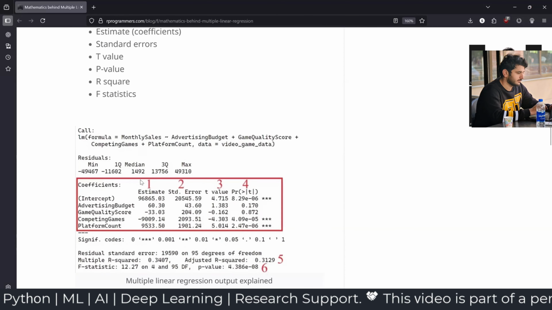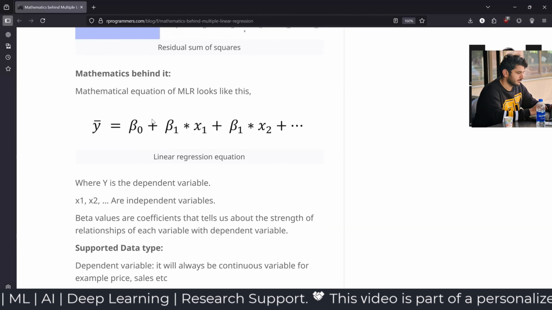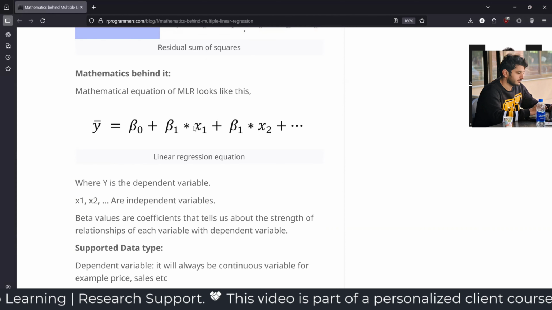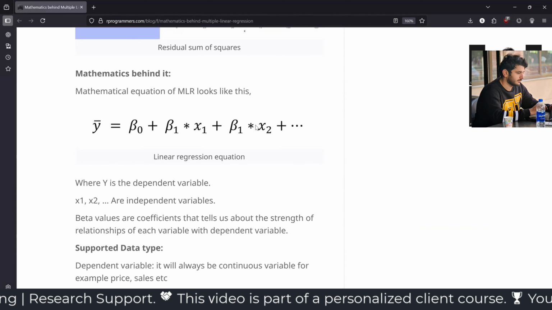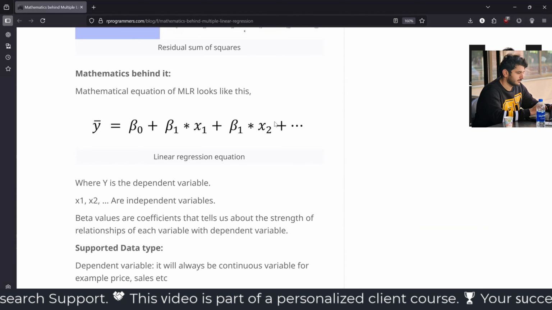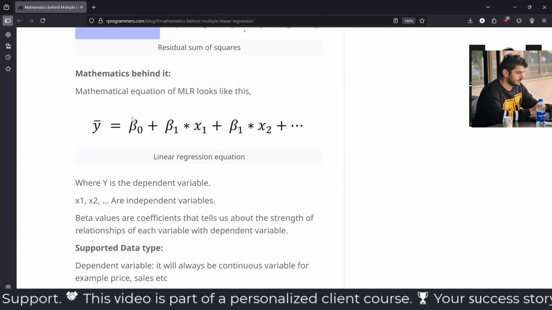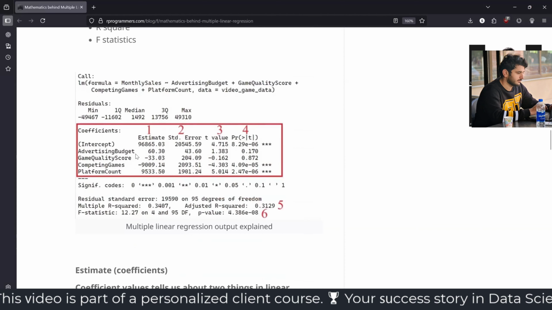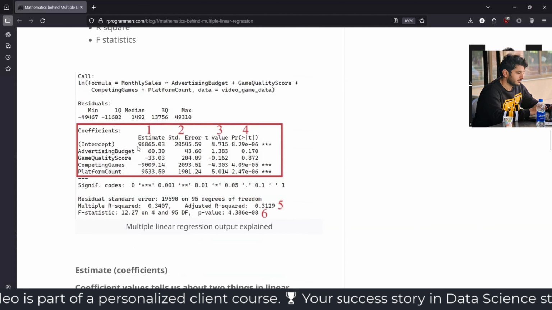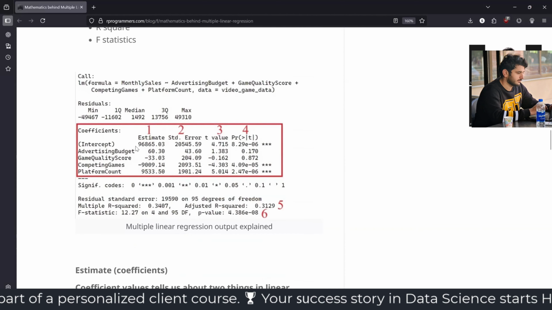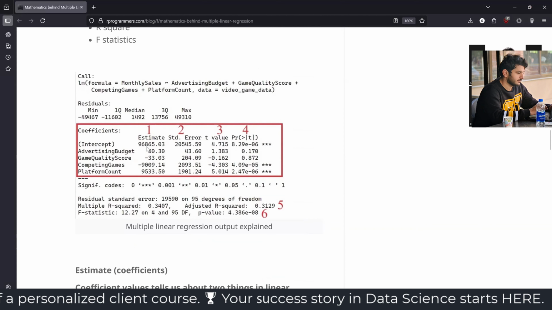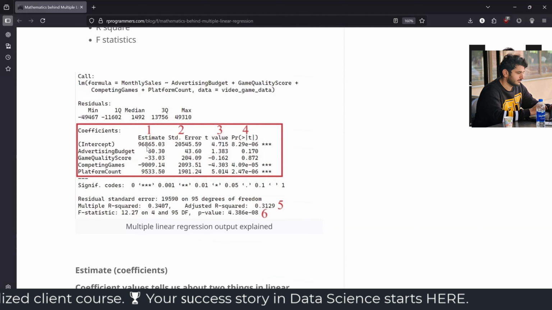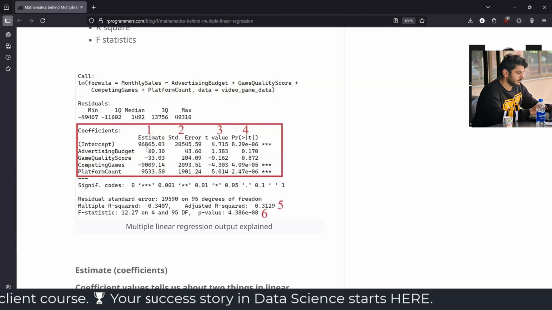So in this equation, if I put x1 equal to 0, x2 equal to 0, and all of them zero, what remains is beta naught, which shows us how many sales we are going to generate. This number is our baseline sales, the number of sales that happen when we don't invest in anything, and we don't have quality score or anything like that.